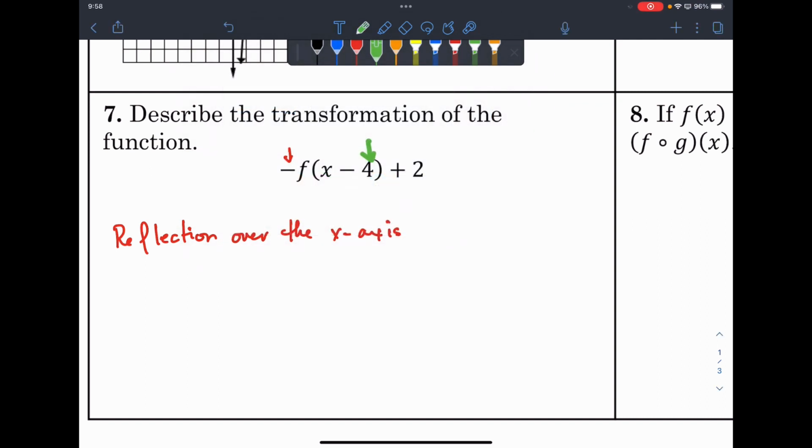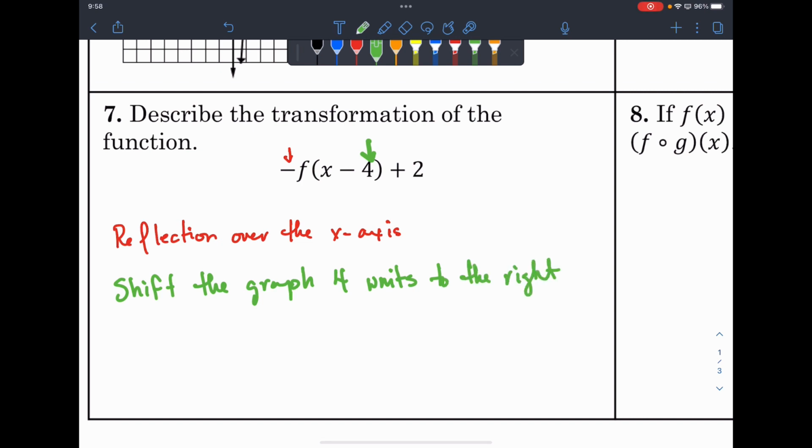Okay, so the 4 is going to shift the graph 4 units to the right, not to the left, but to the opposite side, to the right.